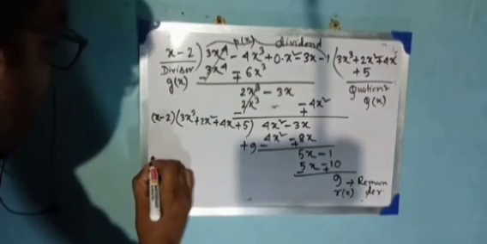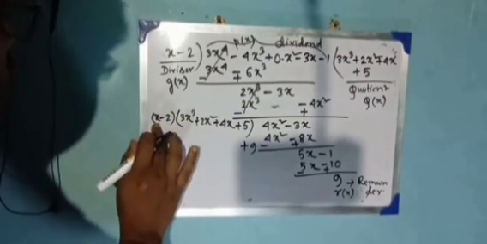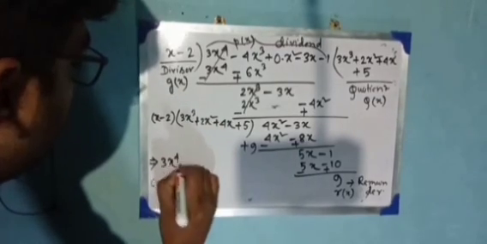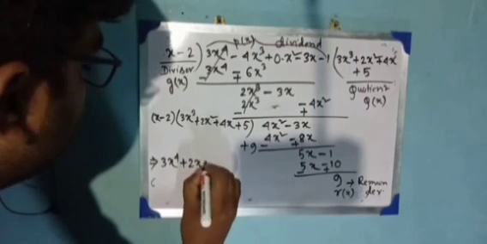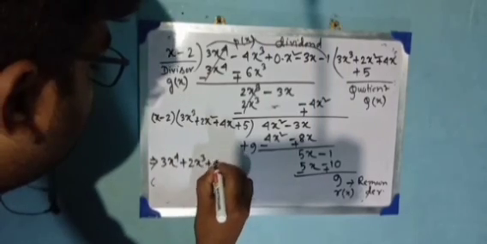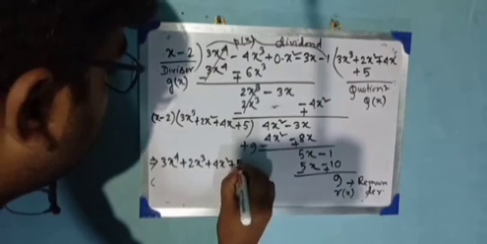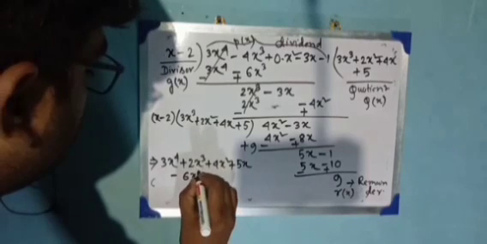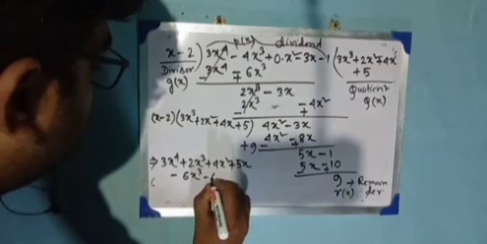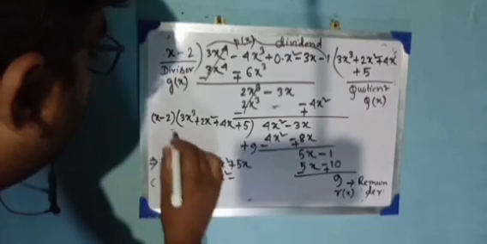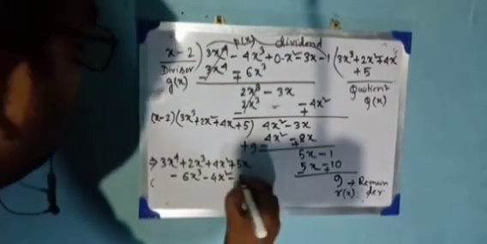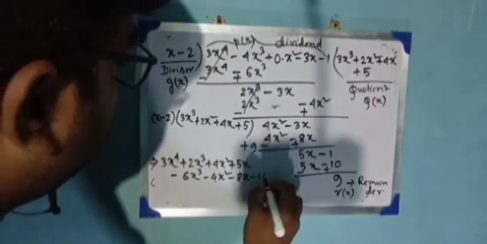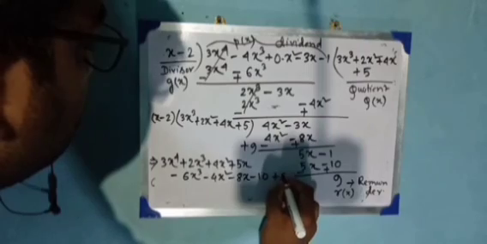If you multiply it, what we get is, first we multiply x with this, so we will get 3x power 4 plus 2x cube plus 4x square plus 5x. Next, we multiply by minus 2: minus 6x cube minus 4x square minus 8x minus 10, plus 9 over here.